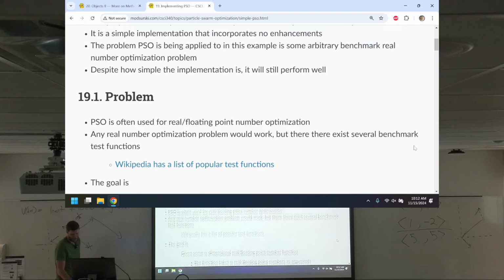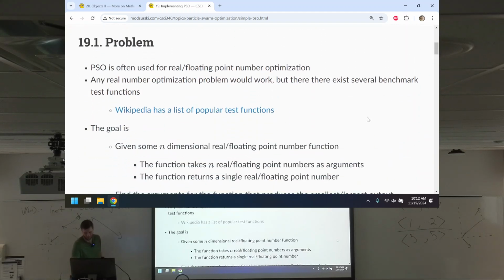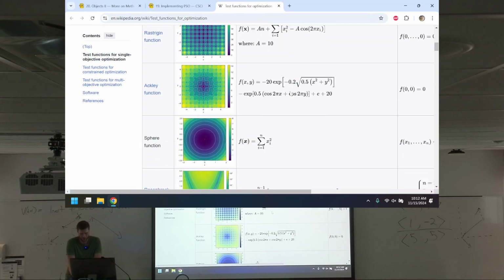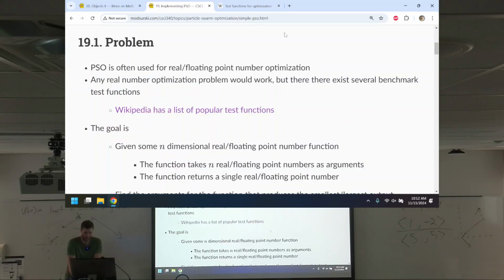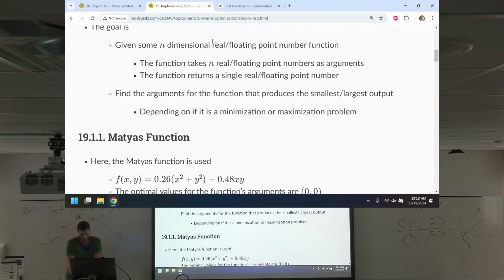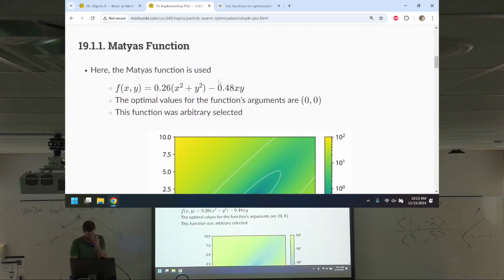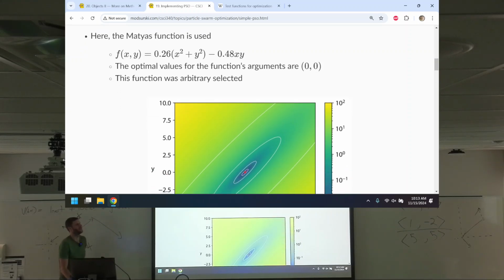So how do we implement it? Well, first we would need a problem, and there is a Wikipedia list of example toy functions for real number optimization. We're going to use the Matyas function.